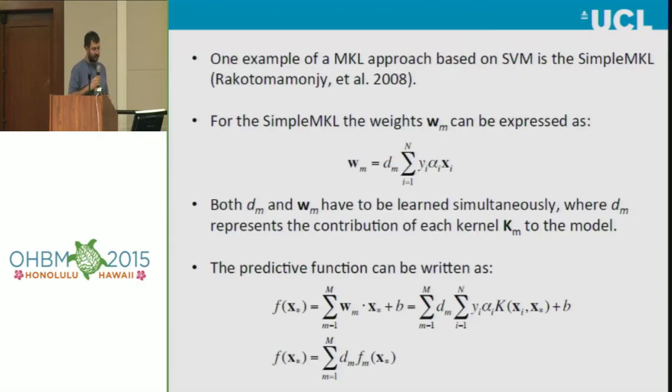Then we simultaneously learn both these weights, the w_m and the d_m, where the d_m represents the contribution of each kernel, as I said before, for example each imaging modality, to the model. This allows us to write the predictive function as follows. It's simplified: at the bottom, we've got a sum of predictive functions, each one associated with, for example, each imaging modality, but it's a weighted sum over all of them.